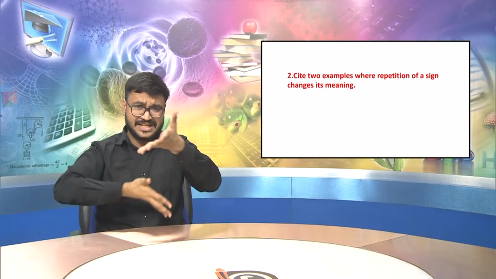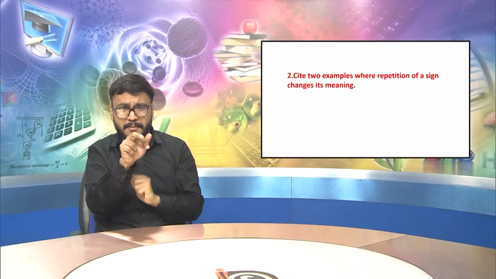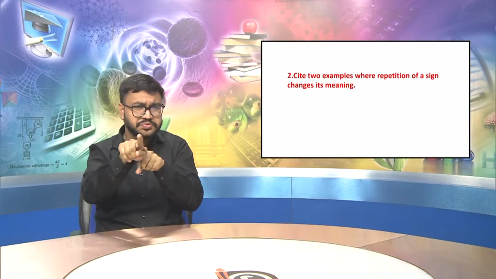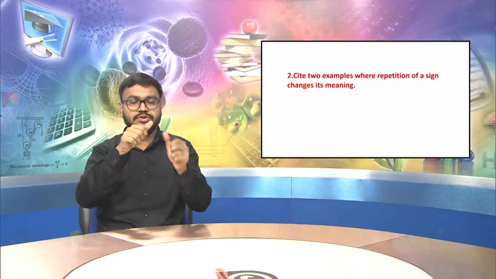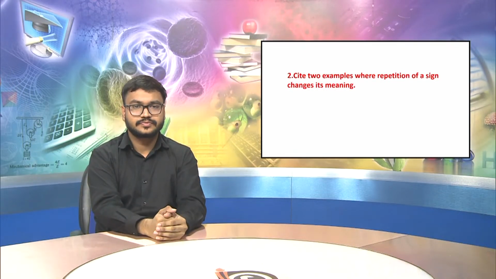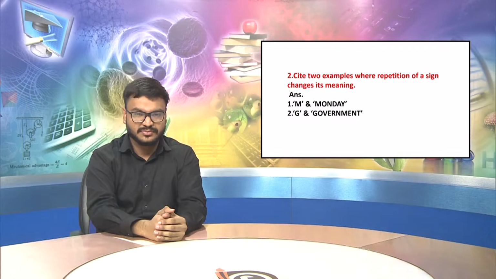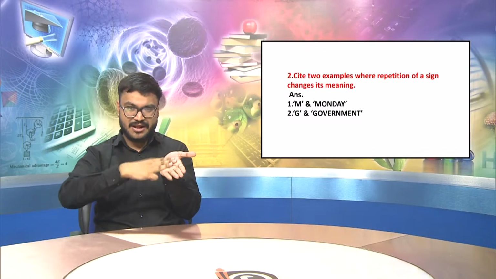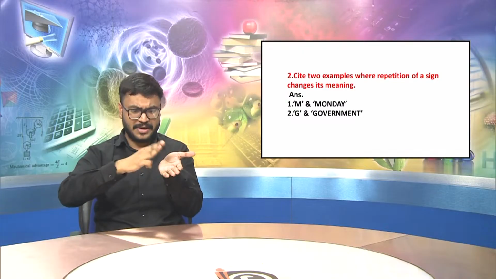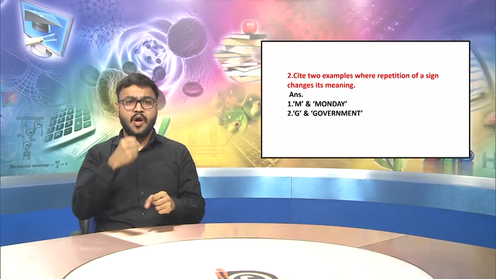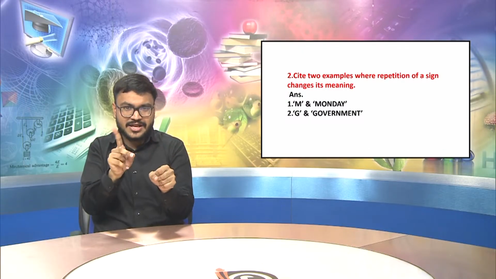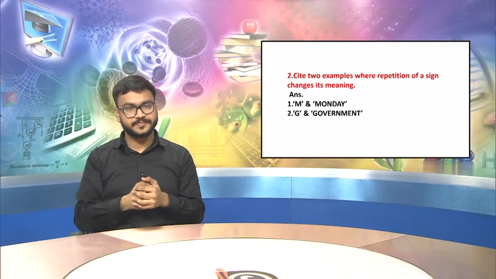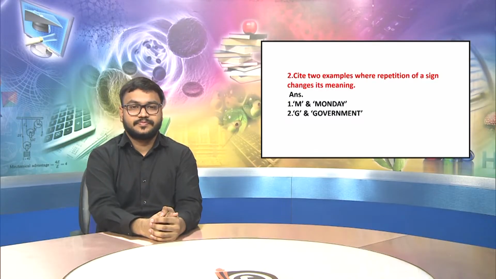Write two examples where repetition of a sign changes its meaning. And the answer is M, which depicts the sign of Monday, and next is G, the sign of government.